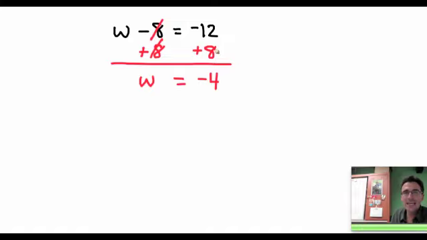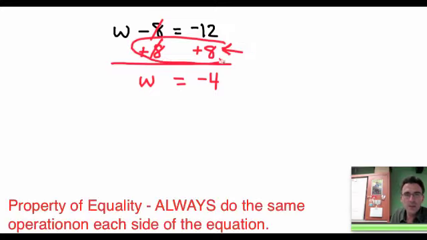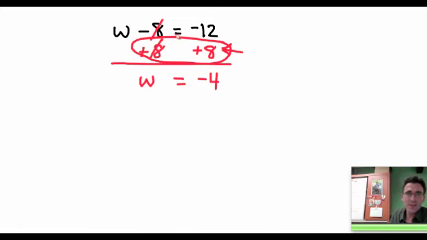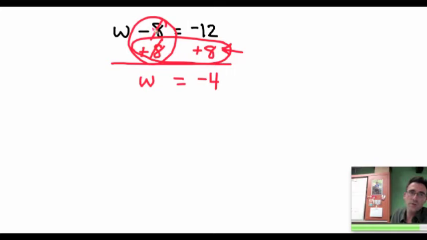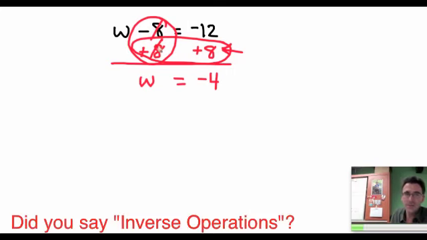So once again, the key things that we're looking for here are, have we shown the same operation on both sides of the equation? So that's our property of equality, plus 8 on the left and plus 8 on the right. And the second thing we're looking for is, do these two operations cancel one another out? Negative 8 and positive 8, or subtract 8 and add 8.